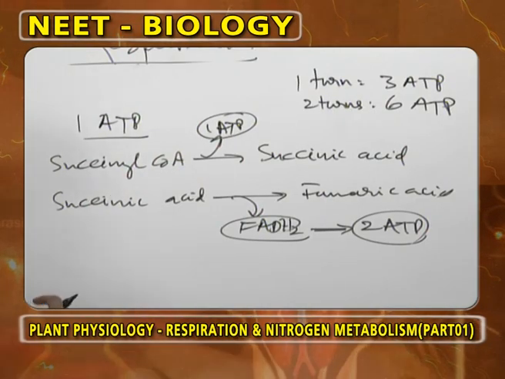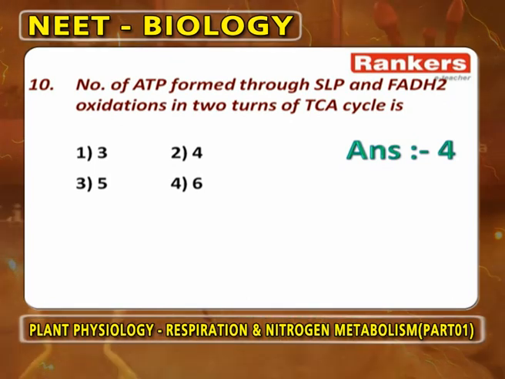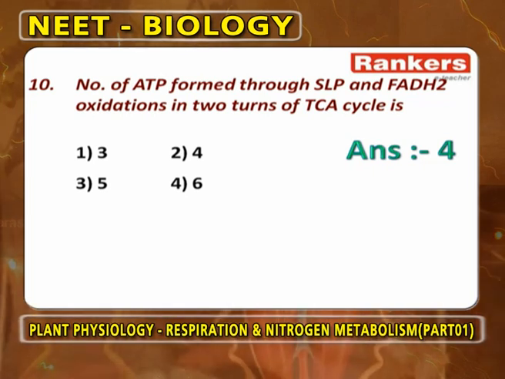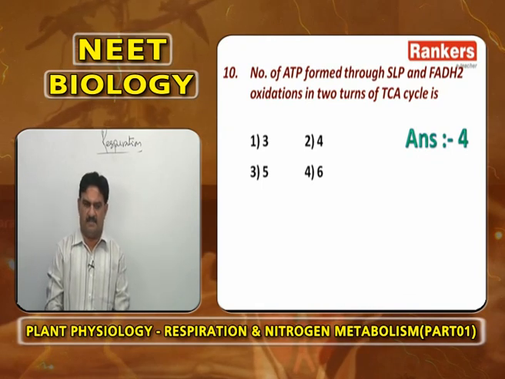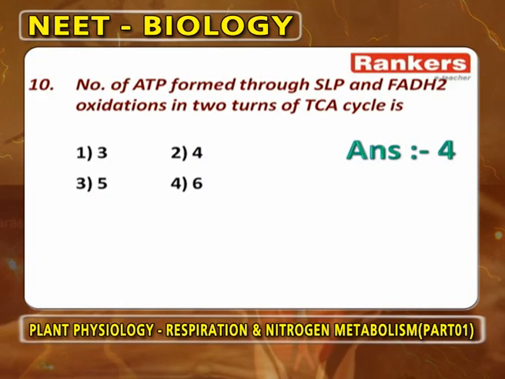So the number of ATP formed through substrate level phosphorylation and FADH2 oxidation in 2 turns of tricarboxylic acid cycle, which is nothing but Krebs cycle, is not 3, 4 or 5, it is 6.